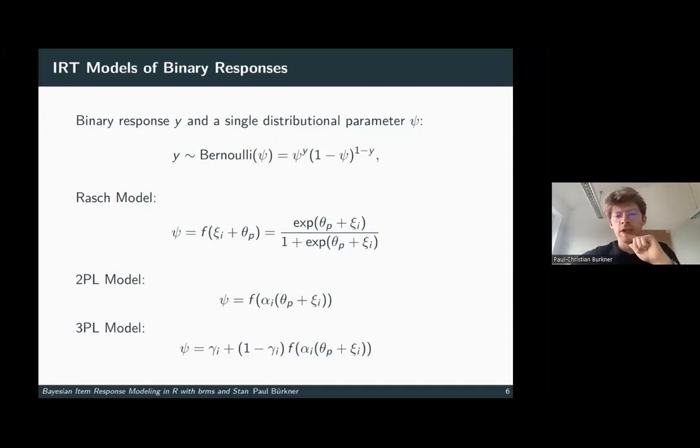So if we were to do subtraction, that is basically person minus item parameters, then the item parameters would be difficulty. That is, the higher the item parameter, the higher the difficulty. When we are adding the two together, then the item parameters are no longer difficulty, but easiness. That is, the higher the item parameter, the easier the item. I know the person who asked that knows that question. I'm just explaining it for the audience.